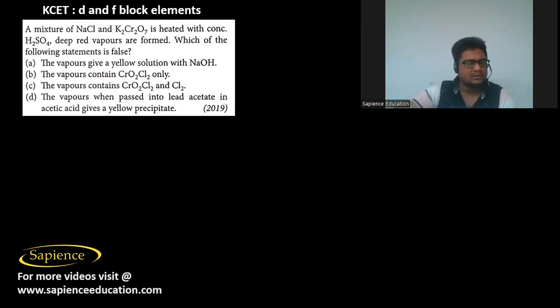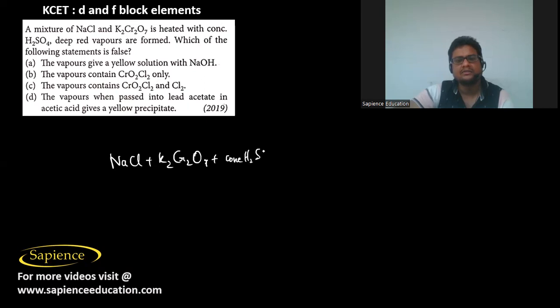Then it is told a mixture of NaCl and K2Cr2O7 is heated with concentrated H2SO4. Deep red vapors are formed. Which of the following statements is false? Then here deep red vapors will be formed.